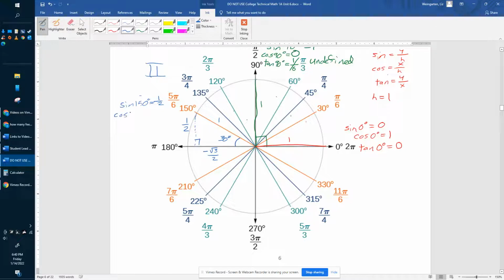How about cosine? Cosine is x over hypotenuse, so negative square root of 3 over 2. So cosine is negative here. Tangent of 150 degrees, we're going to have opposite over adjacent. 1/2 over negative square root of 3 over 2 is negative 1 over the square root of 3.